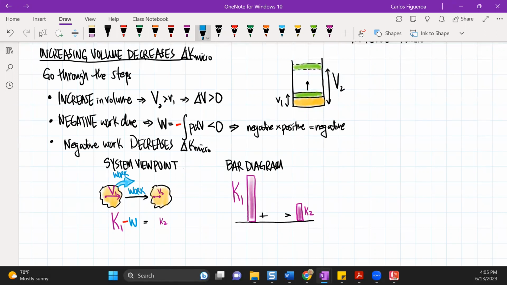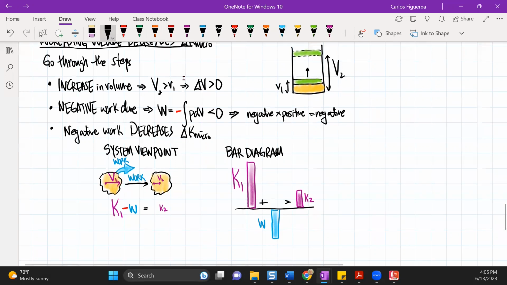The only way I can decrease it is if I do negative work, which is exactly what we were just talking about. It's this negative work that actually tells us this.